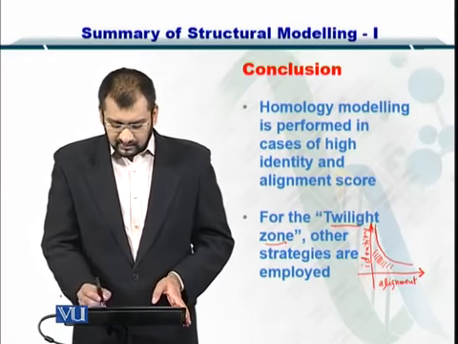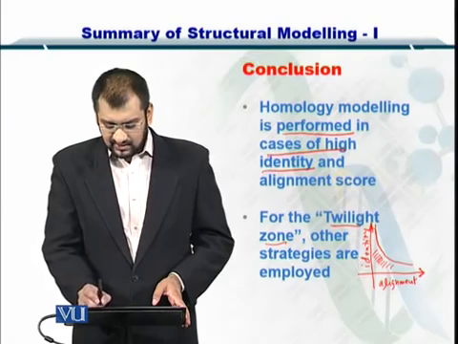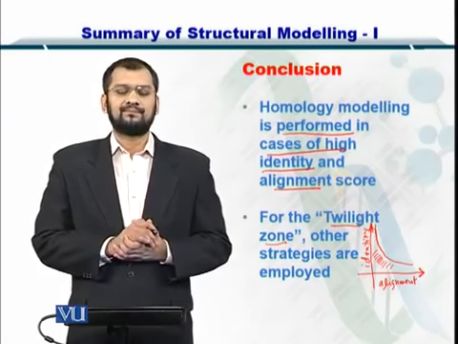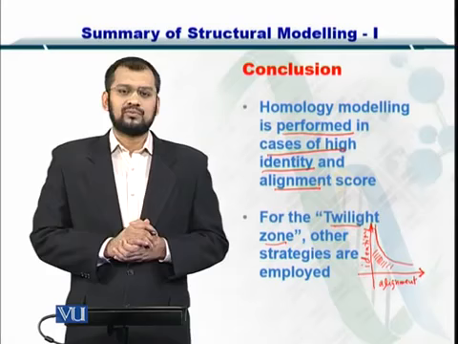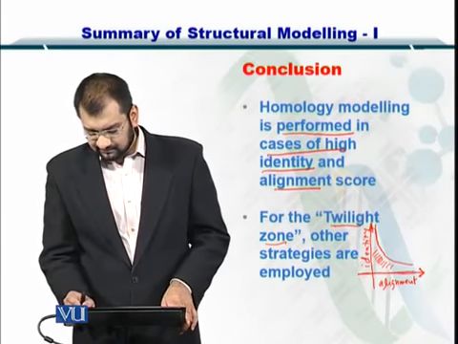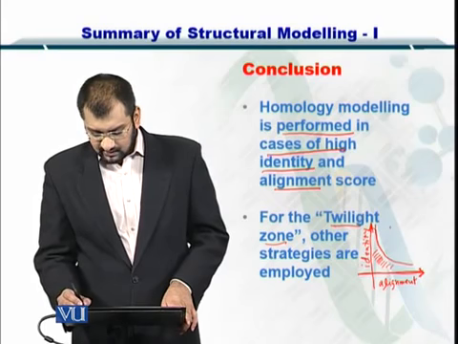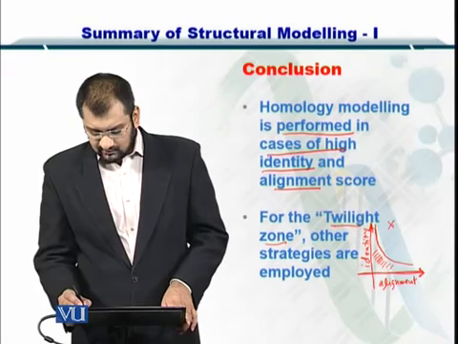So it is only performed in cases where you have a high identity and alignment. That means that if you were to plot, as you can see here in this small graph, that homology modeling is useful if the identity is high and the alignment is high.